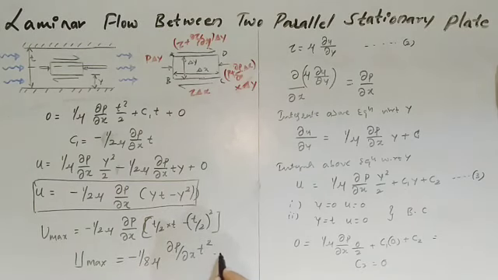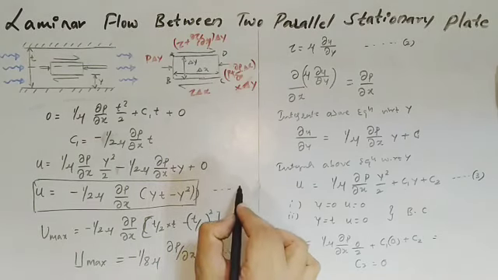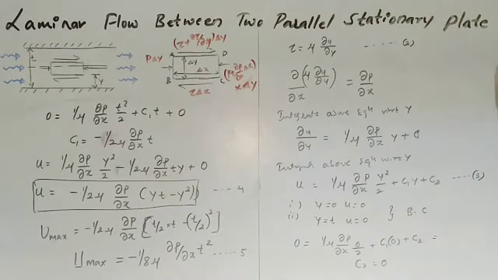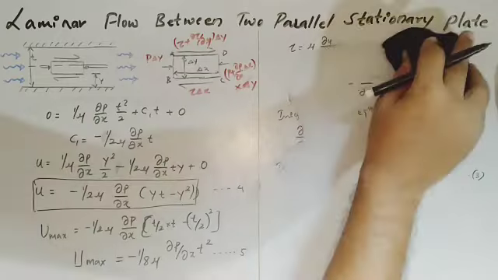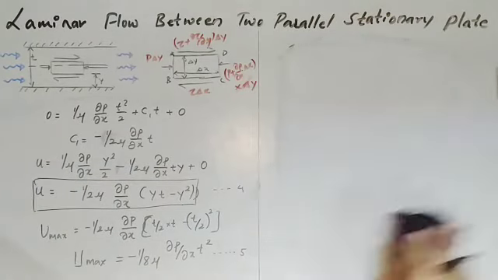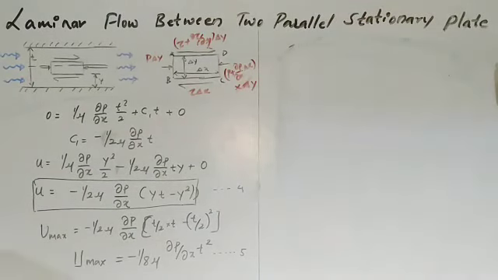So this is our maximum velocity. So this is equation 4. Now this is equation 5. Okay, now let's erase this for further calculation. Now we have got maximum velocity.